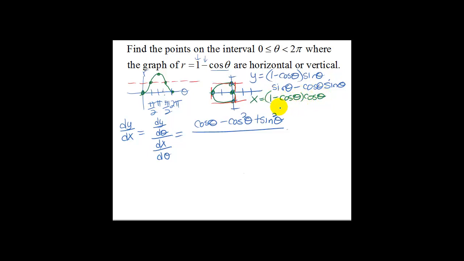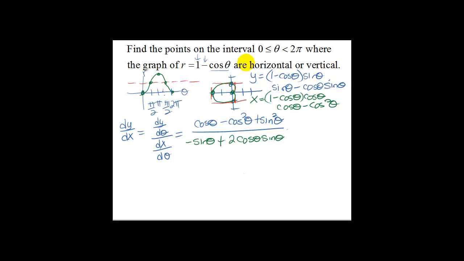If we distribute that through, we're going to have cosine theta minus cosine squared theta. We need the derivative of that with respect to theta. So it looks like we're going to have negative sine theta. And then here we've got a power rule, chain rule. So power out in front, decrease the power by 1, multiply by the derivative of what's inside. So that'll make that a positive.